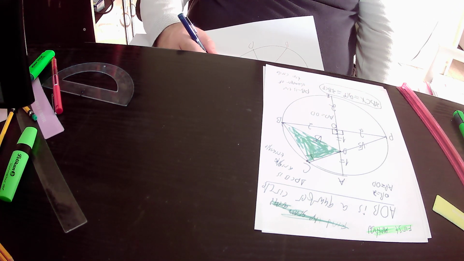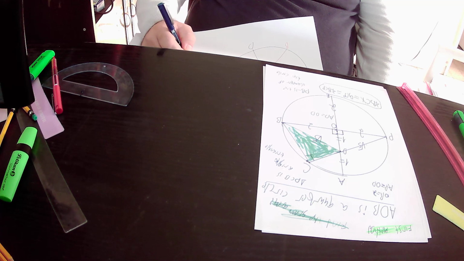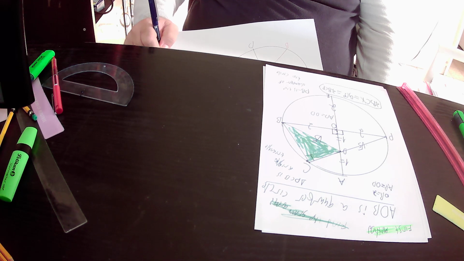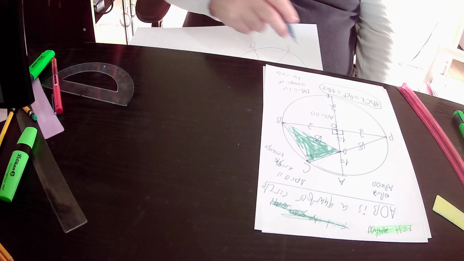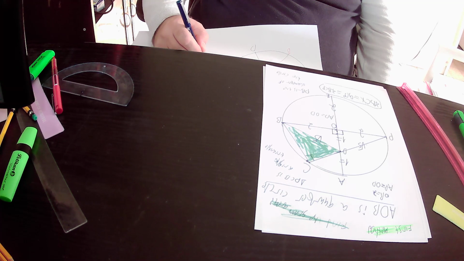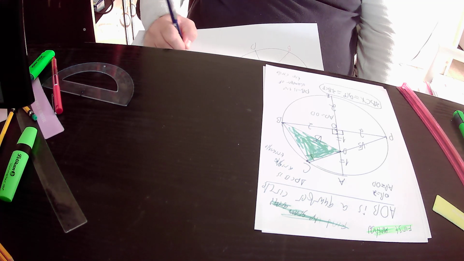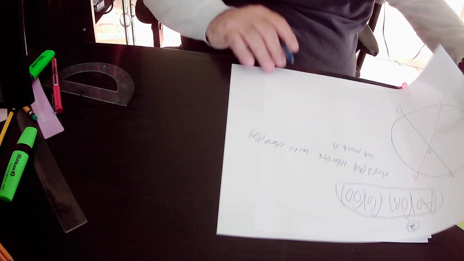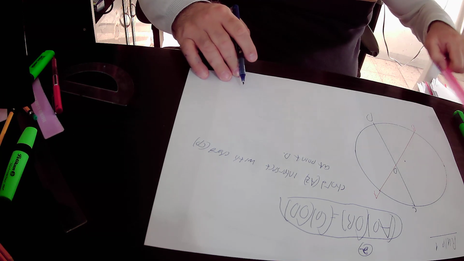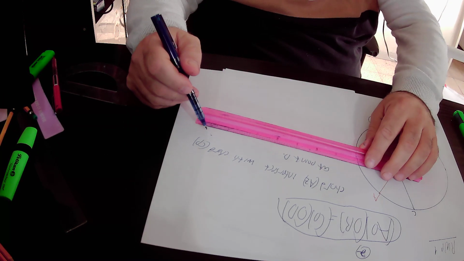In our drawing, chord AZ intersects with chord CP at point D. Point D is the intersection point of chord AZ with chord CP.